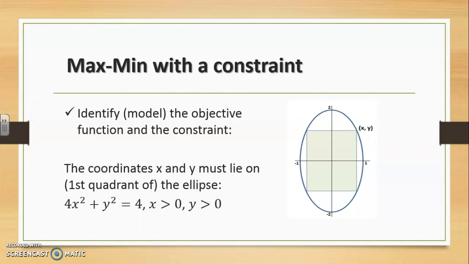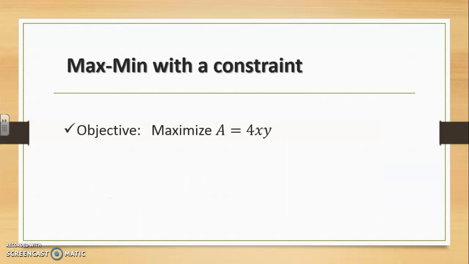And we're going to add on to that x and y be positive, again, because we're focusing on the first quadrant of the ellipse. So our objective is to maximize the area, 4 times x times y. The constraint is to satisfy 4x squared plus y squared equals 4, regardless of the x's and y's we pick.